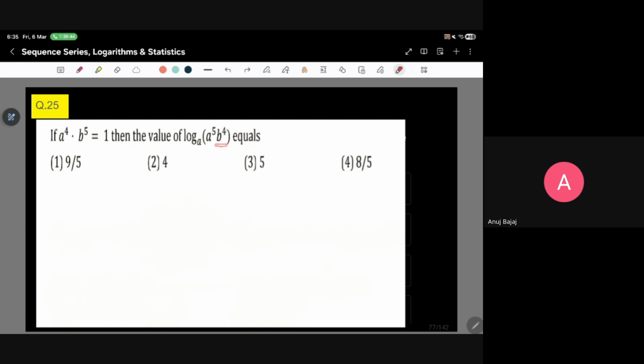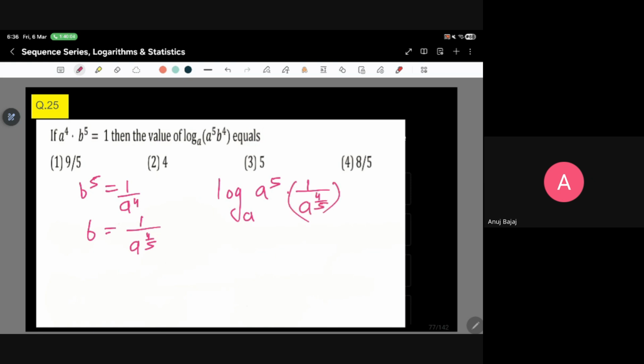So just convert b in the form of a. So from here, b to the power 5 is 1 upon a to the power 4. So b will be 1 upon a to the power 4 upon 5. So just substitute the value of b here. 1 upon a to the power 4 upon 5 and the whole power will be 4.